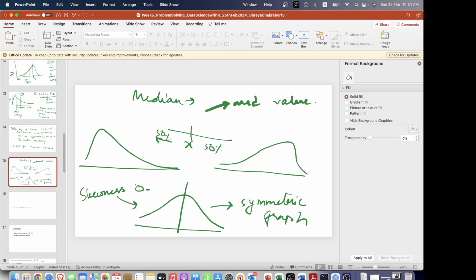Anything which deviates from this bell-shaped symmetric curve gives a measure of the deviation from symmetry, which is a measure of the skewness.